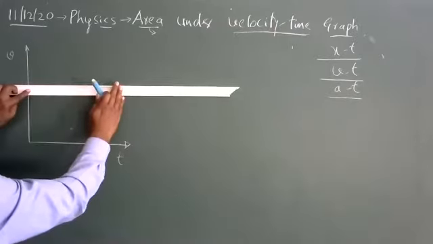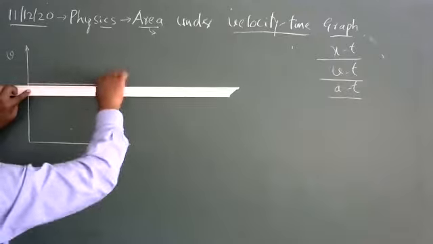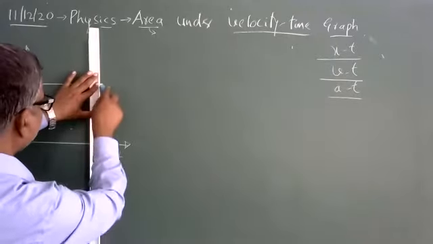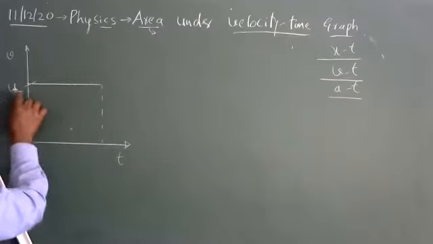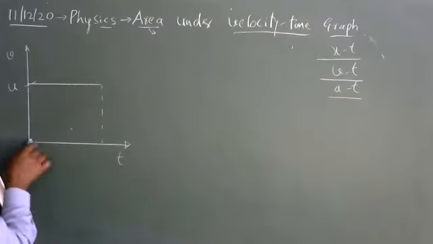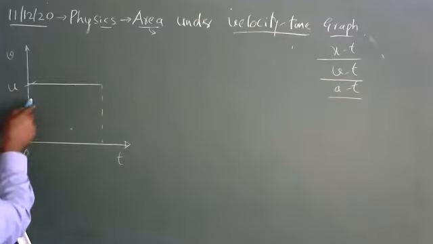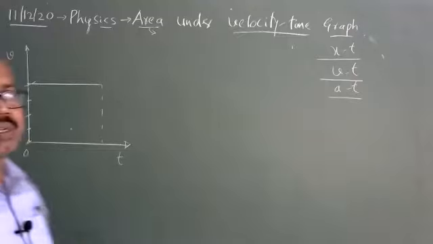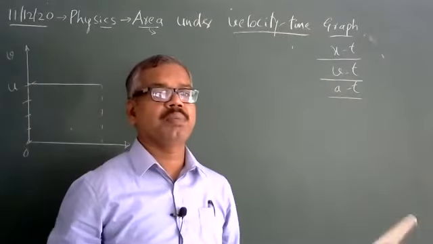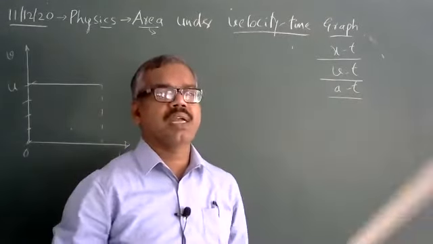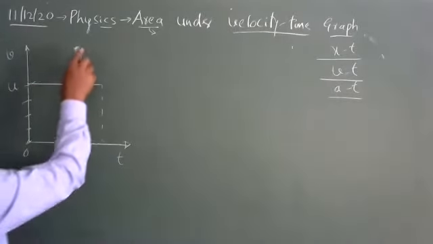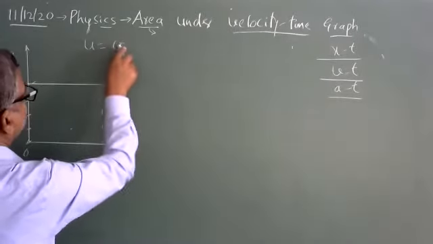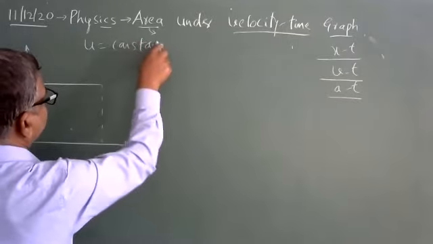If I consider some constant velocity, this is taken as u, at 0 seconds, with time 10, 20, 30, 40. Let u be some constant value, maybe 40 meters per second or 30 meters per second. I'm not going to define now what the u value is. Let me take u as a constant.